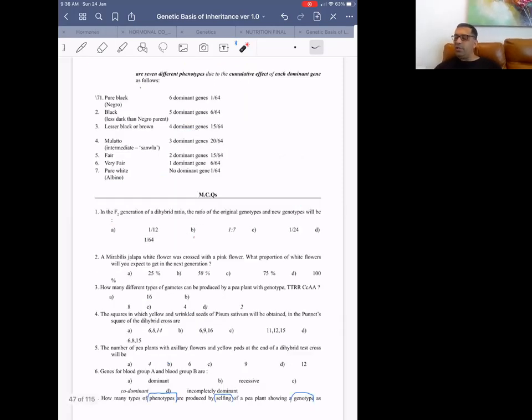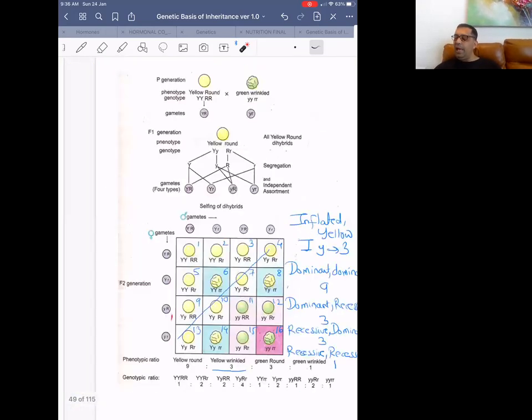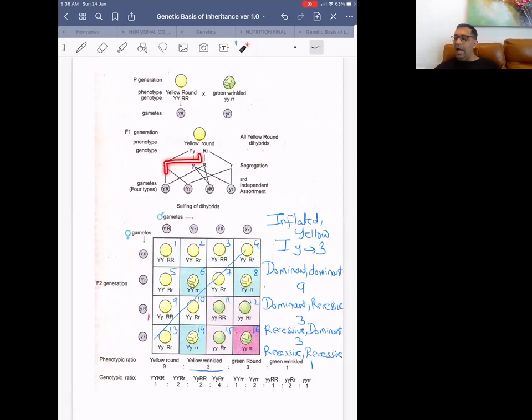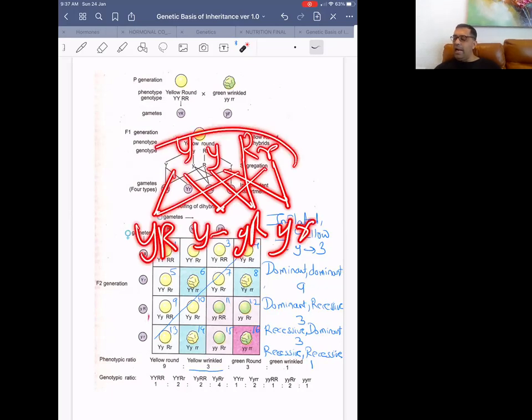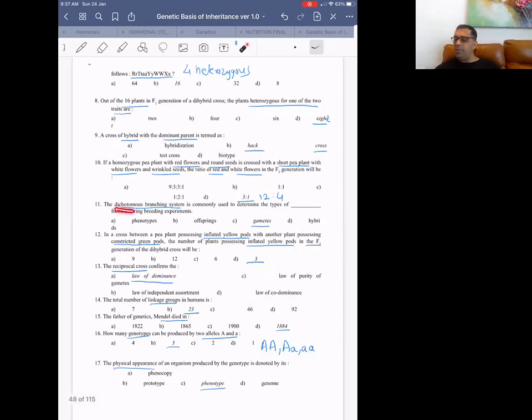What is a dichotomous branching system? ये सिस्टम जो है इसे कहते हैं डाइकोटोमस ब्रांचिंग सिस्टम. तो यहां capital Y capital R small r से capital Y capital R और capital Y small r, small y capital R small y small r, इससे ये जो अलग अलग टाइप के gametes बनाए, all these different types of gametes which are made, this kind of branching system is called as dichotomous branching system.